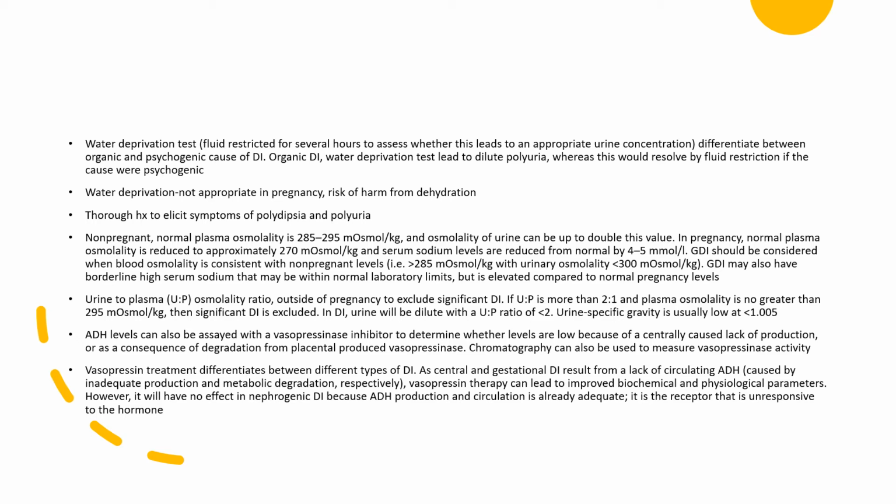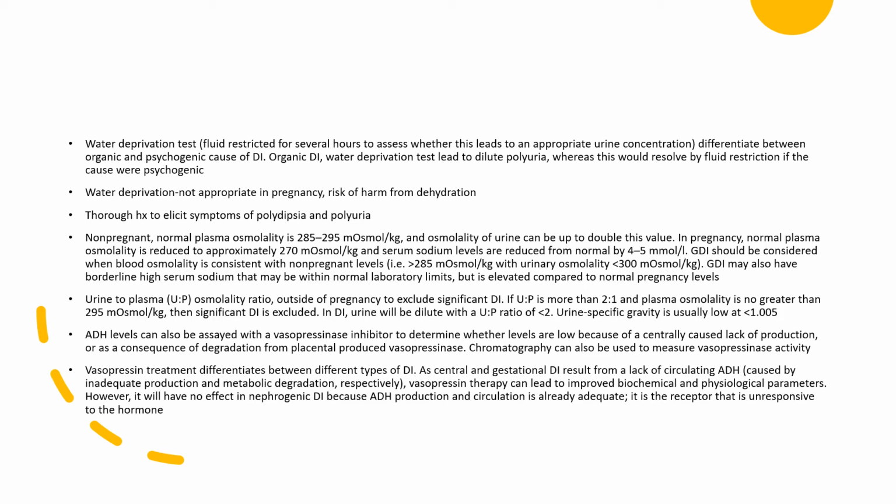In diabetes insipidus, urine will be dilute with a urine to plasma ratio of less than 2. ADH levels can also be assayed with a vasopressinase inhibitor to determine whether levels are low because of a centrally caused lack of production, or as a consequence of degradation from the placental-produced vasopressinase. Chromatography can also be used to measure vasopressinase activity.